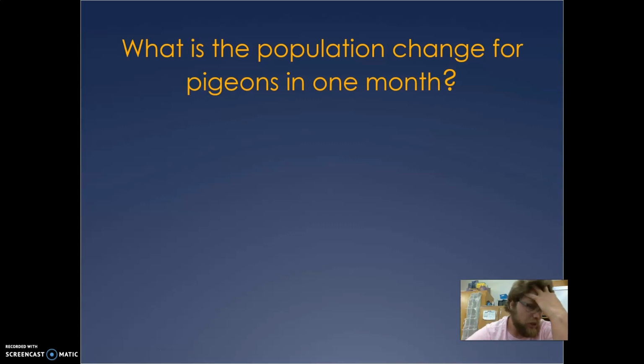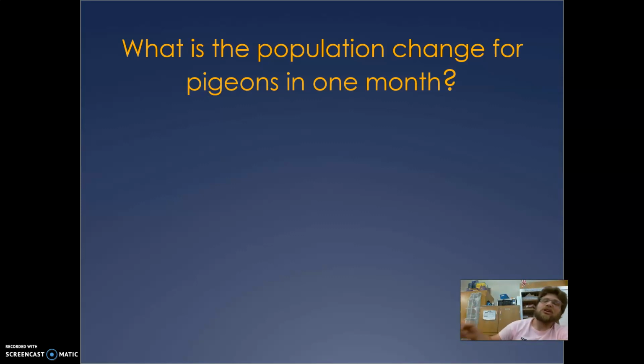So let's just say, what's the pigeon population change for 1 month? Okay, we've been gone. We want to know between April and May, while everyone's been gone from Clovis East, what's been the population change of pigeons on campus? Have they taken over, or have they all died off because their food source is gone?